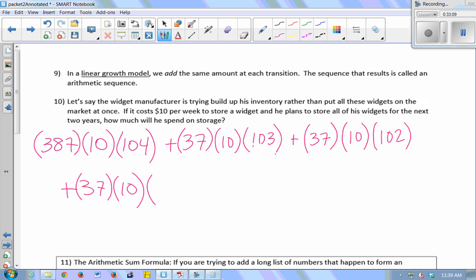How long are they going to be in storage? 101 weeks. All right, I'm not going to write down every term. I'm putting a little dot, dot, dot. You get what the pattern is, right? And then finally, I'm going to have 37 widgets that are going to cost $10 a week to store for how many weeks? 1 week.